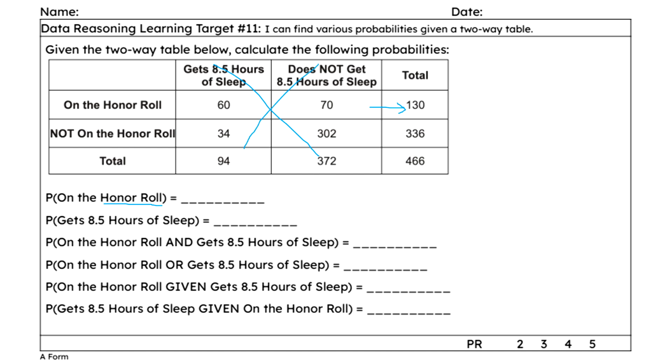So there are 130 students that were on the honor roll out of a total of 466. That gives no information about how much sleep they got, so that's a total of 130, and we're just going to leave this as a fraction. 130 out of the 466 said, yes, I am on the honor roll.